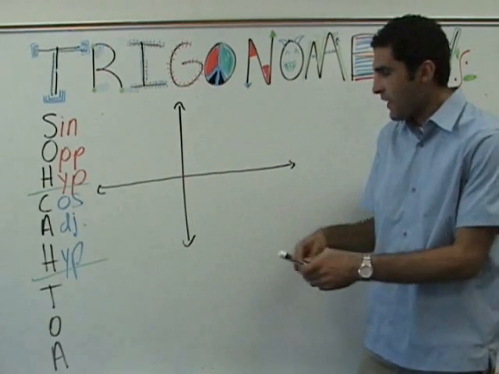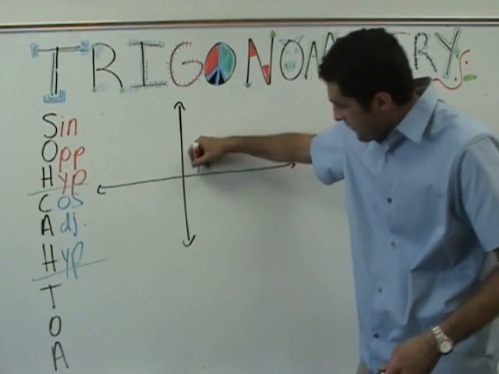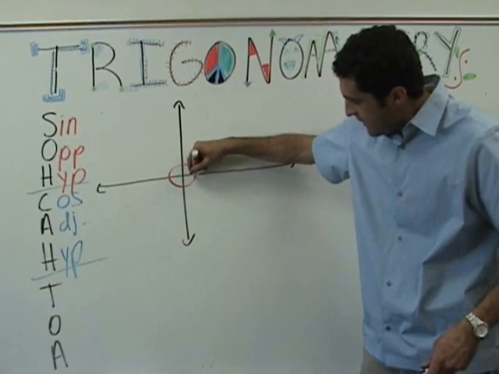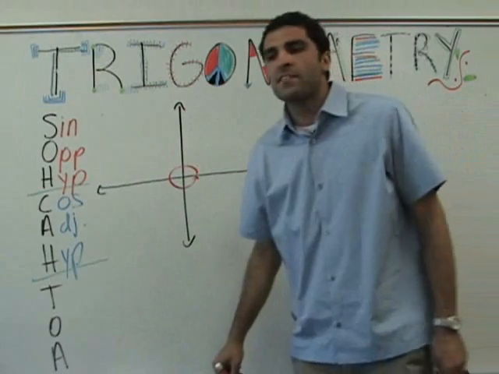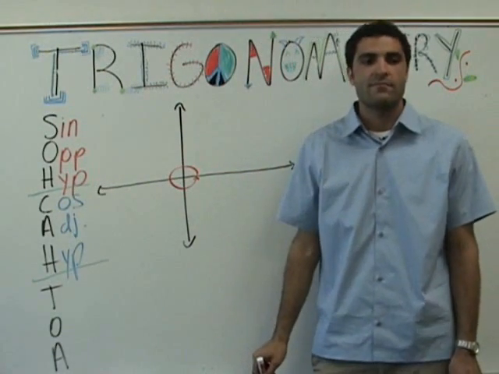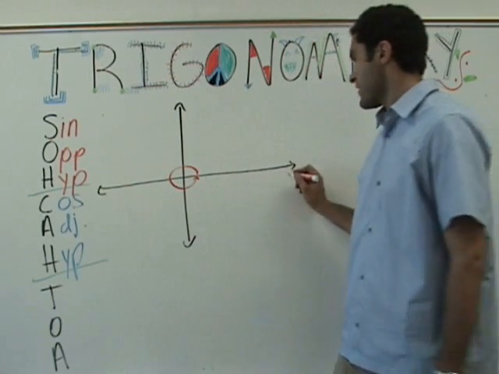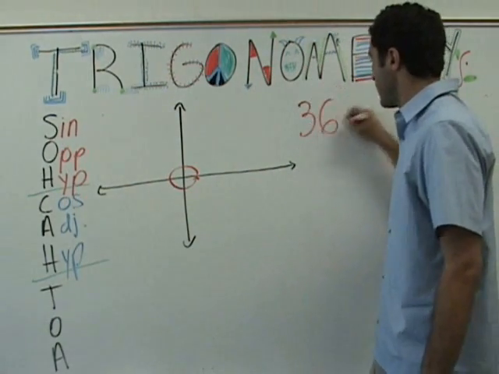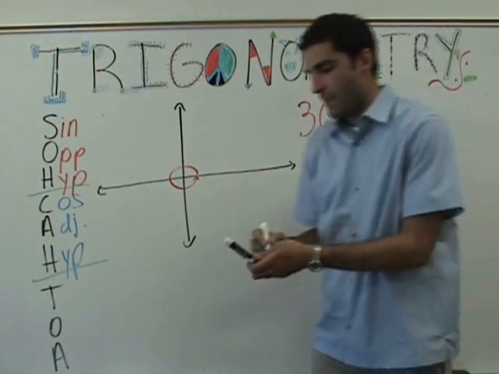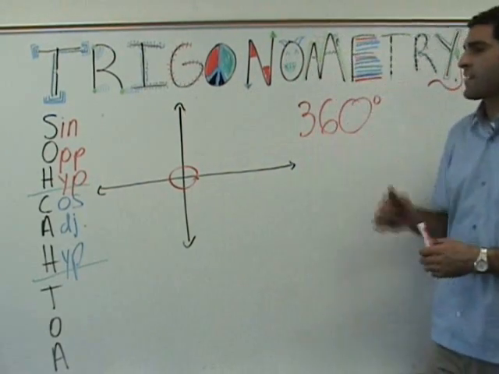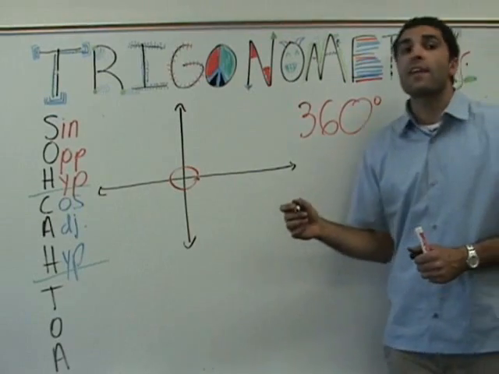Here's our starting point, this x-axis. If we went from the beginning all the way around here and ended, how many degrees did we go? 360. So good. 360 is all the way around. Now on, we are going to denote 360 degrees in radian mode.